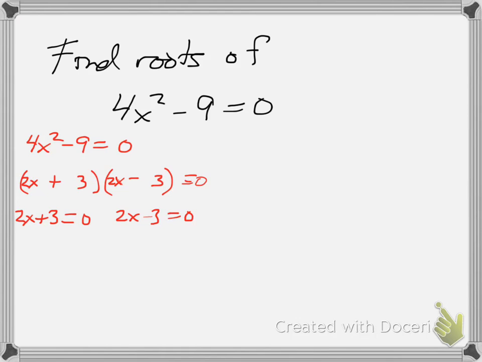So now we're going to, yep, there it is. Subtract 3 and divide by 2. Subtract 3, or add 3 and divide by 2. And you get your two answers, negative 3/2 and positive 3/2.